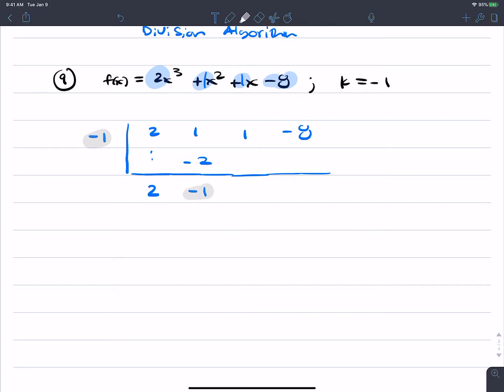Negative 1 times negative 1 is positive 1. 1 plus 1 gives you 2. So you repeat the process. Negative 1 times 2 gives you negative 2. Negative 8 plus negative 2 gives you a negative 10 here. This is my remainder.